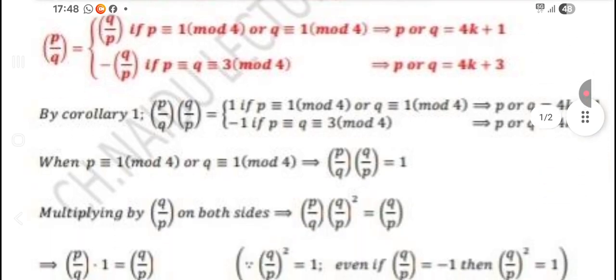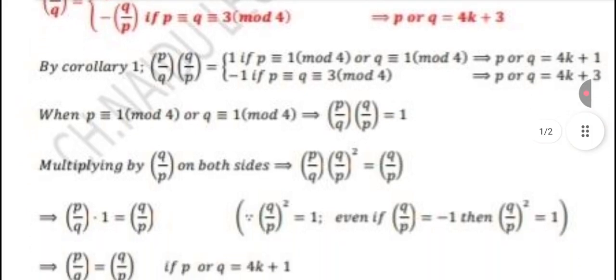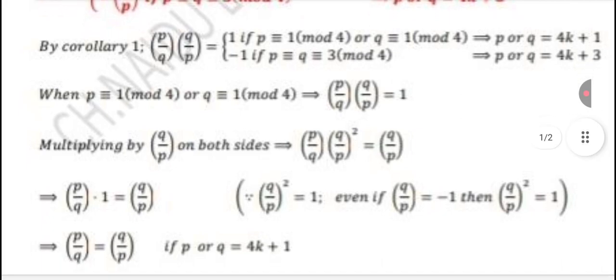Now multiplying this equation with the Legendre value (q/p) on both sides, we have ((p/q) times (q/p)) whole squared equal to (q/p). Now (q/p) whole squared becomes equal to 1, because even if (q/p) is equal to minus 1, (q/p) whole squared becomes minus 1 whole squared, which means 1 only. So finally we have (p/q) times 1 equal to (q/p).